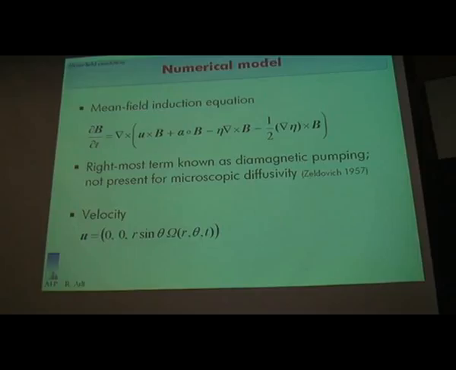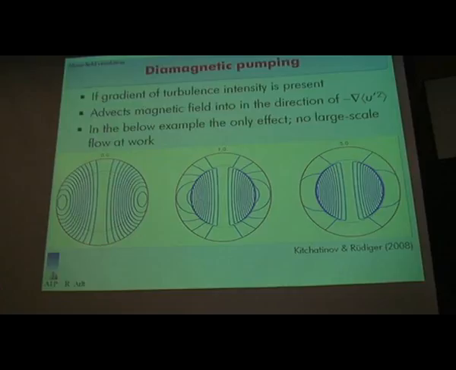Eta is a scalar, yes, so I have no anisotropy in eta, just in alpha. The velocity is a solar-like angular velocity profile, which is only present in the convective part of the shell.